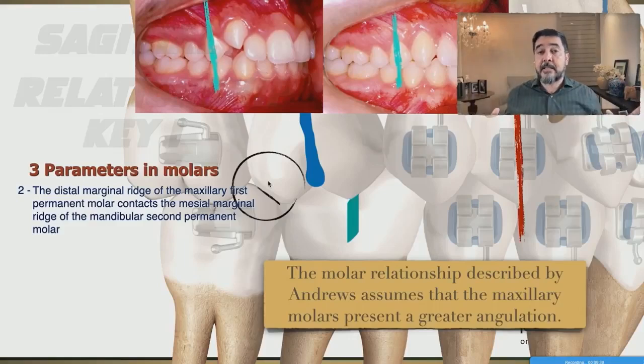In this case, I will finish my case in a solid class 2 condition in the molar. So we have a full step molar class 2. And in this case, I don't need this angulation. It's quite the opposite.